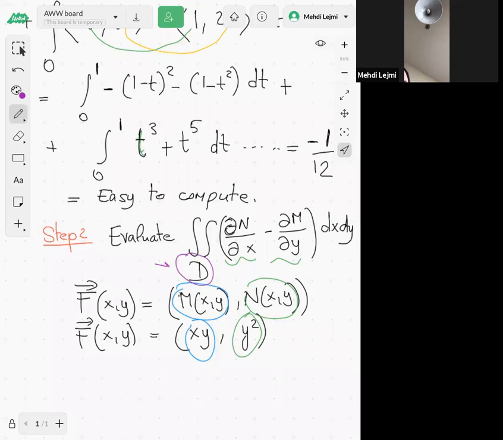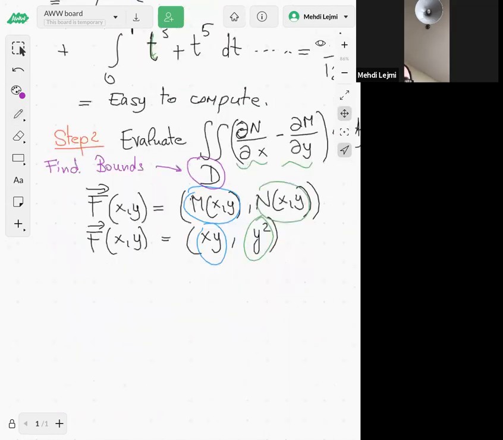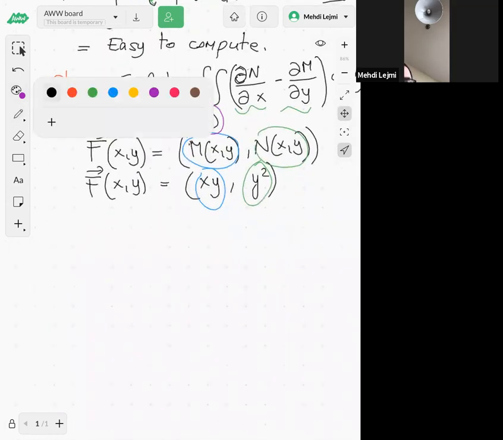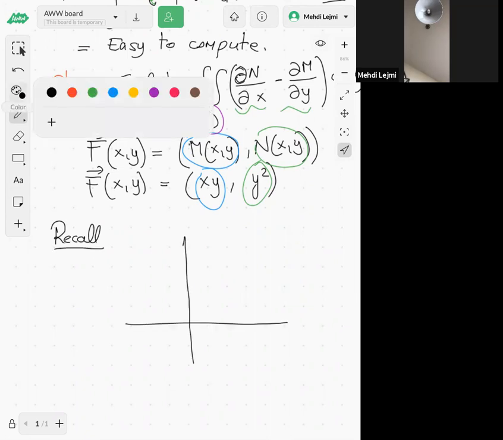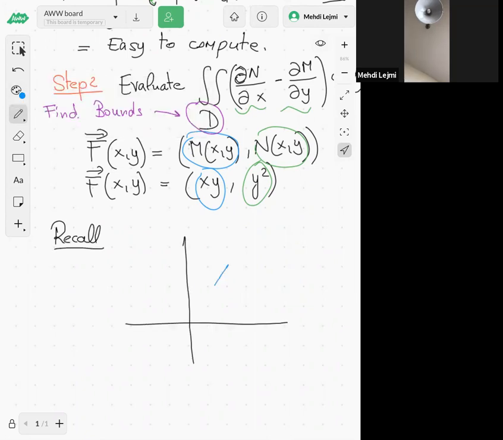Now, what we have to do in this problem is find the bounds for D. We have this region D, with y equals x and y equals x squared, and the point 1, 1, of course, this is 0, and this is 1 here.